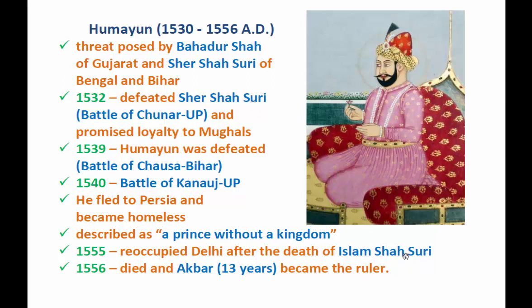He came back to India, to Delhi, and once again reoccupied the Mughal Empire. At last he died in 1556, and his son Akbar, who was only 13 years of age at that time, became the ruler. So this was about Babur and how the Mughal Empire was founded in India.